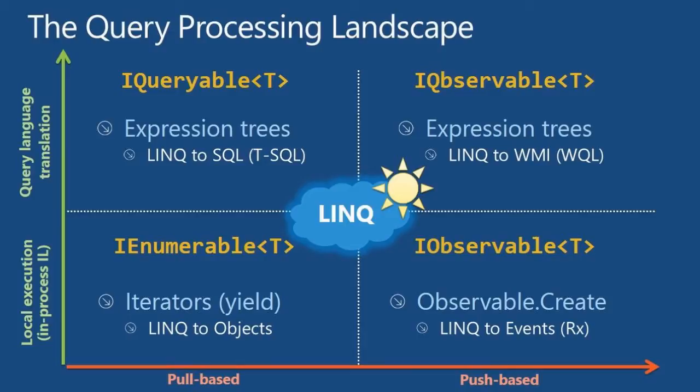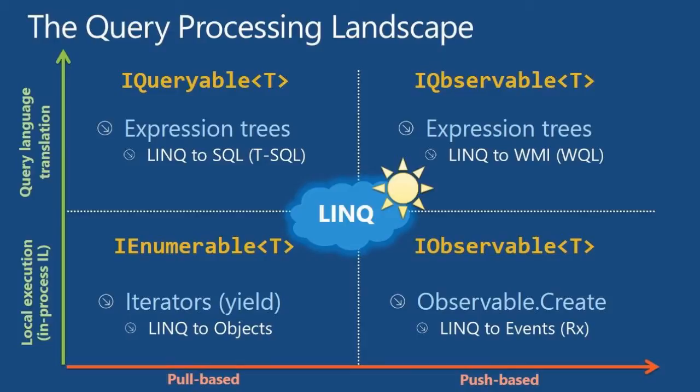Secondly, IObservable of T. How do you build those LINQ to Events operators, like where? I told you before. When you have to return an IObservable, use Observable.Create. When you have to return an IEnumerable, C# says use yield return. It's the same kind of thing. So that's observable. Also executes locally. The pipeline runs on your local machine.